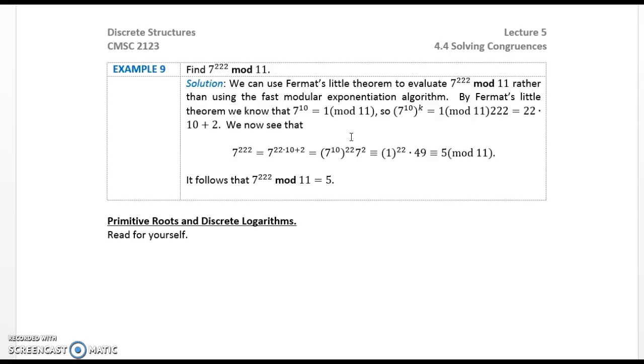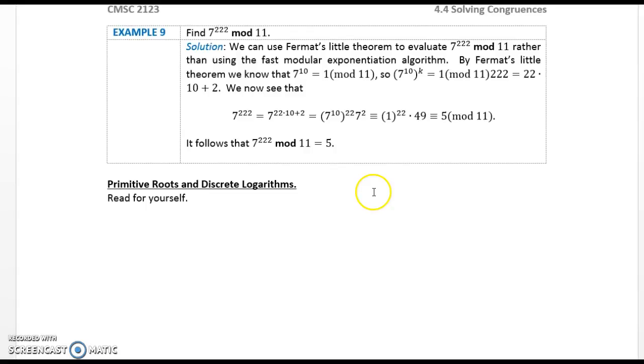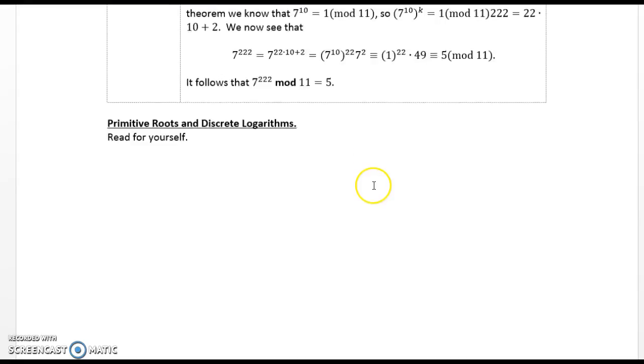But 7 to the 10 power is merely 1 mod 11. So now what we have is 1 to the 22 power times 49, which is equal to 5 mod 11. It follows that 7 to the 222 power mod 11 is equal to 5. And I'm going to let you read primitive roots and discrete logarithms for yourself.